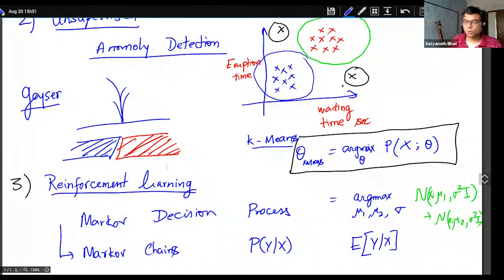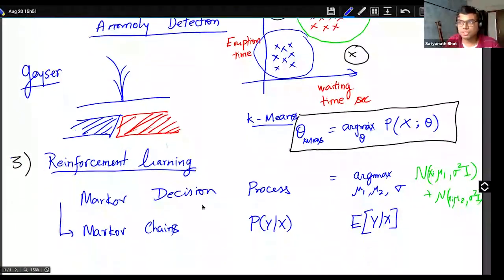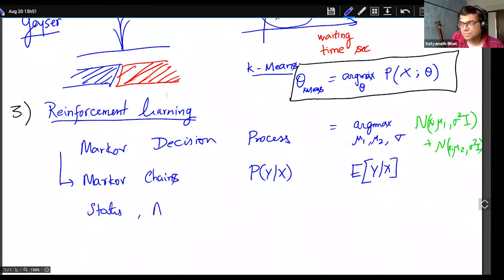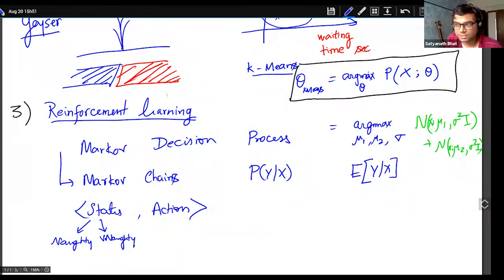Reinforcement learning in a Markov decision process has two things: states and actions. This is the beauty of doing a whiteboard talk, because there was a question. So there are states and actions. For the child, the states could be being naughty, very naughty. And action could be like break TV, break vase.